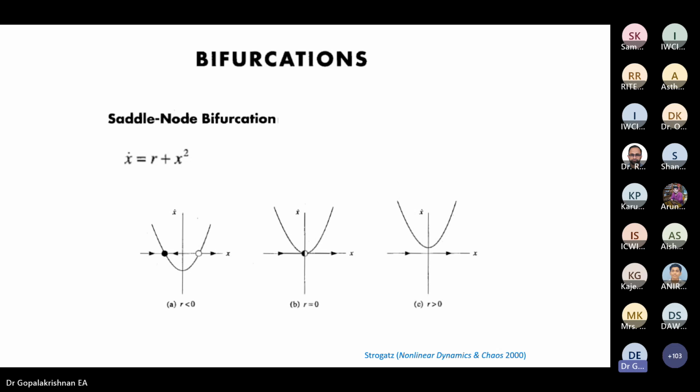I am not going into a detailed explanation of this, but I'm just giving you an overview. Here you could see the black dot and the white dot. Simply imagine x dot as a velocity. This x dot curve is intersecting the x axis at the black dot, which means x dot is 0 there.